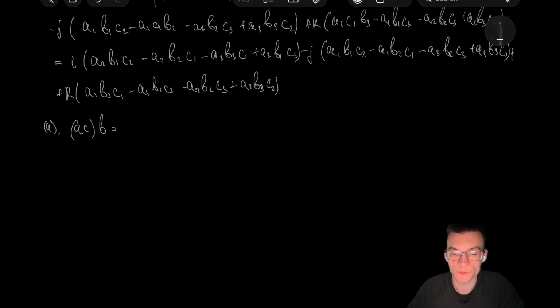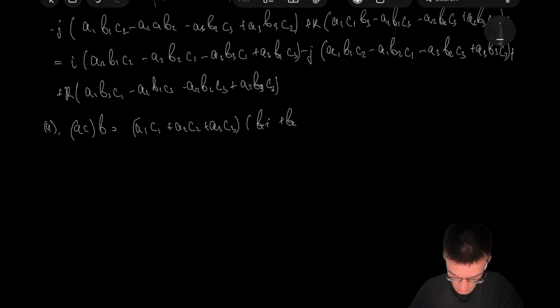And we know that it has the following format: this is (A1 C1 plus A2 C2 plus A3 C3) multiplied by (B1 i plus B2 j plus B3 k).